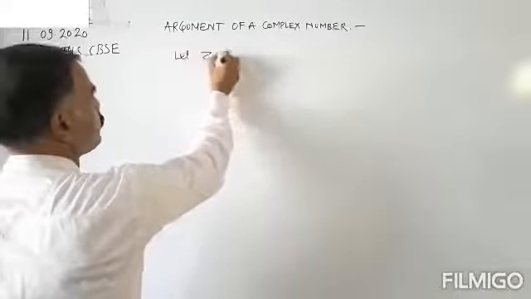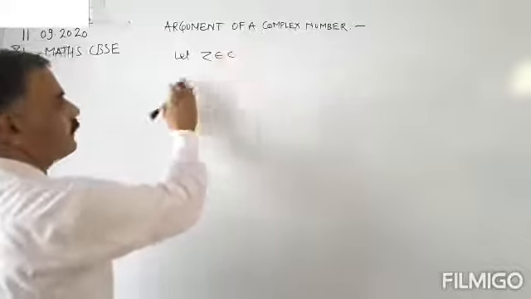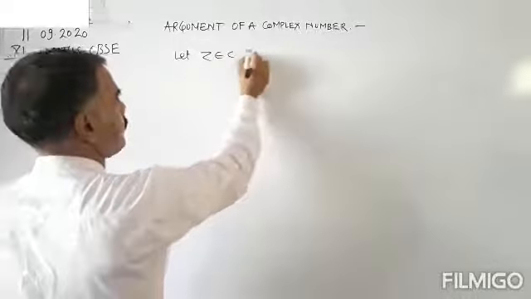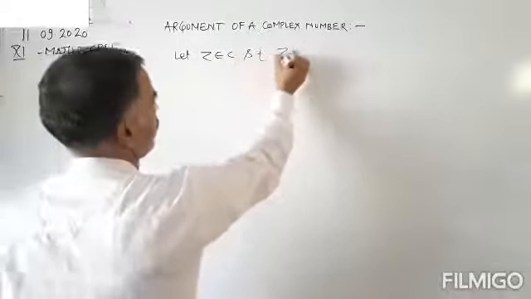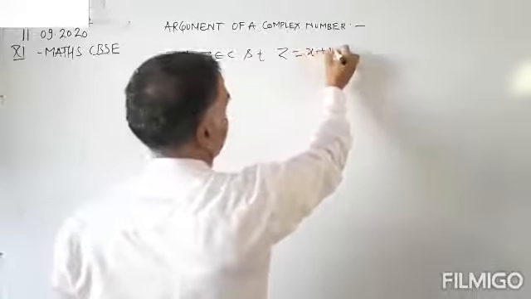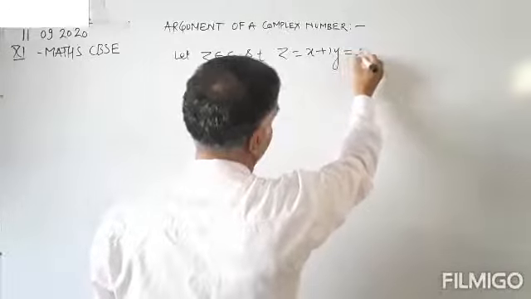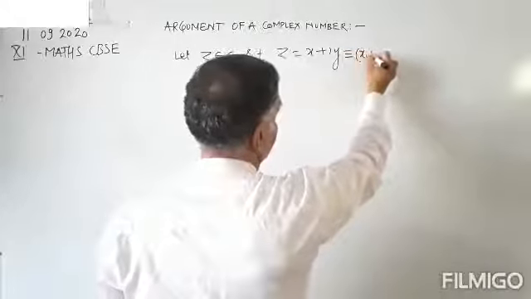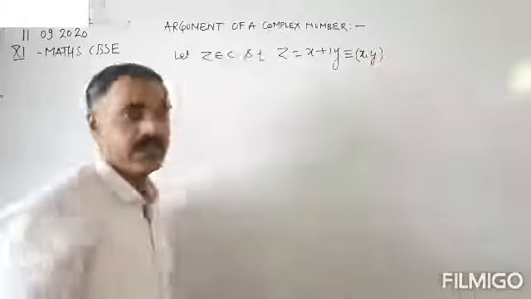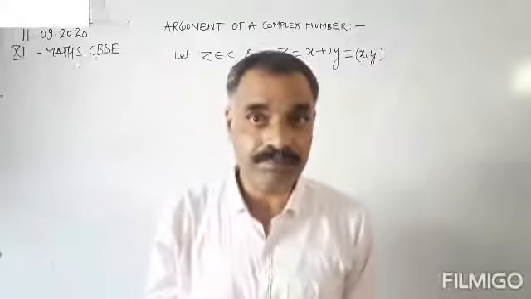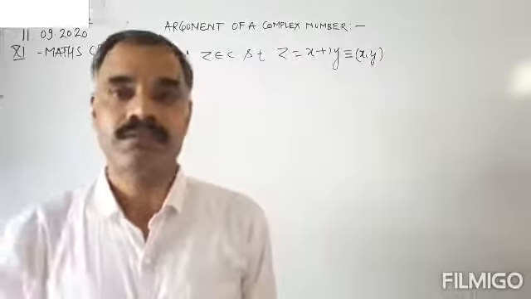Let Z belong to C. Z is any complex number such that Z is equal to x plus iota y, and this can be written as the ordered pair (x, y). X is the real part and y is the imaginary part.